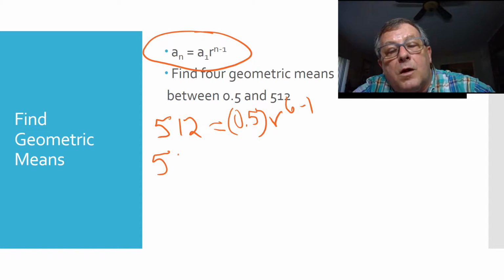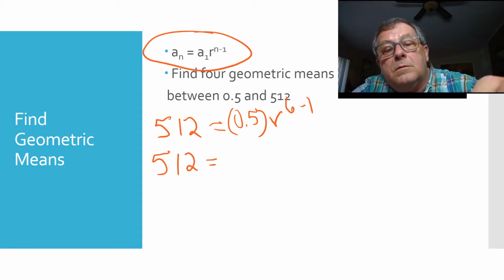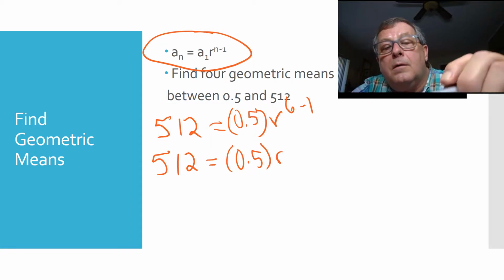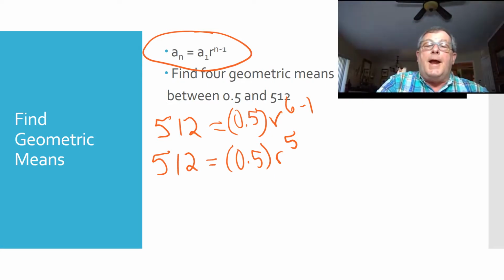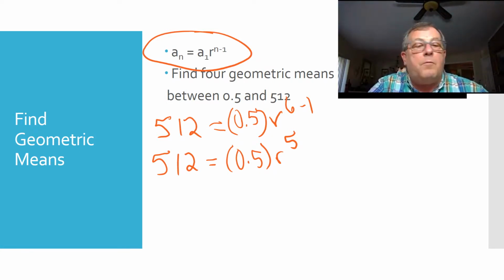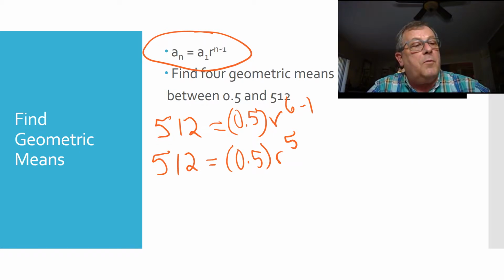So I've got 512 equals 0.5 r raised to the fifth power. Now, let me talk about this for a minute as I'm grabbing for my calculator, because what's my next mathematical operation? I want to divide 512 by 0.5.